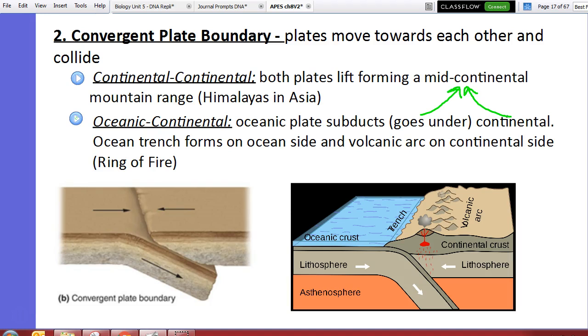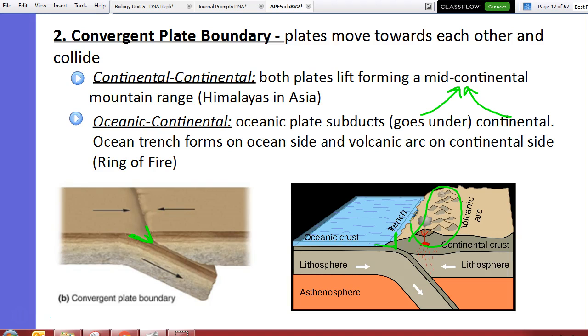So then what we end up seeing is a trench forming on one side. So we get a trench here, and then we get volcanoes over here, and it's called a volcanic arc because we get a whole bunch of volcanoes along the edge of that trench.